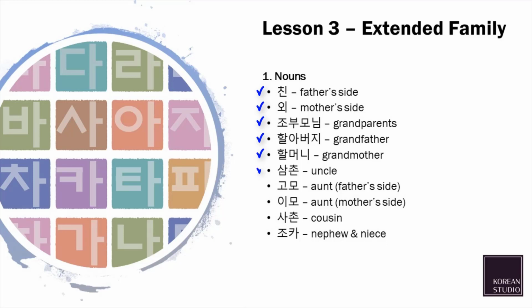Uncle is 삼촌, and aunt is 고모 for the father's side, and 이모 for the mother's side. Cousin in Korean is 사촌, and we can use the words for siblings after 사촌 to refer to older and younger cousins. Finally, both nephews and nieces are 조카.